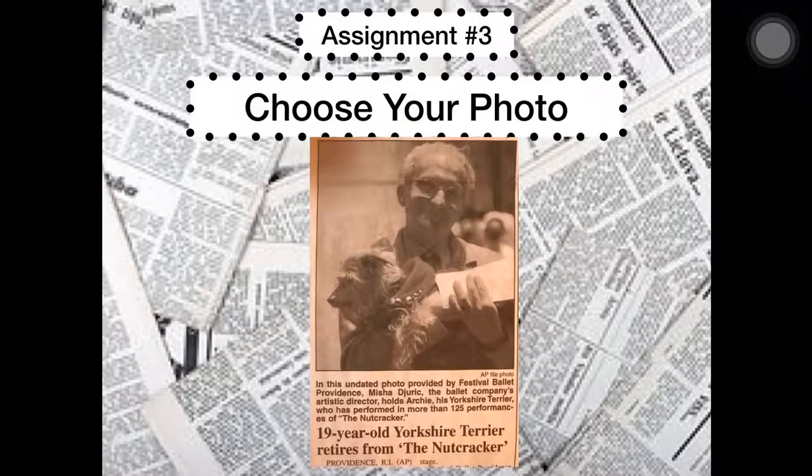In this example, we see a gentleman with his dog, and the photo caption reads, in this undated photo provided by Festival Ballet Providence, Misha DeJuric, the ballet company's artistic director holds Archie, his Yorkshire Terrier, who has performed in more than 125 performances of the Nutcracker. So here we see the photo caption tells us who it is and where it is and a little bit about what this dog has done.